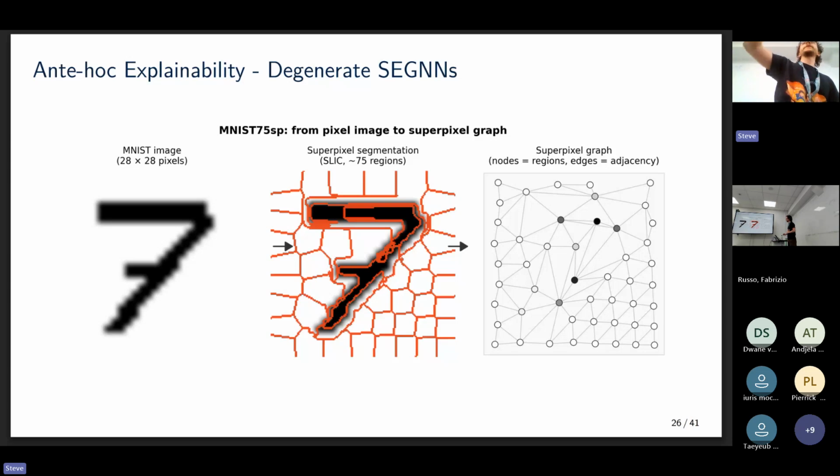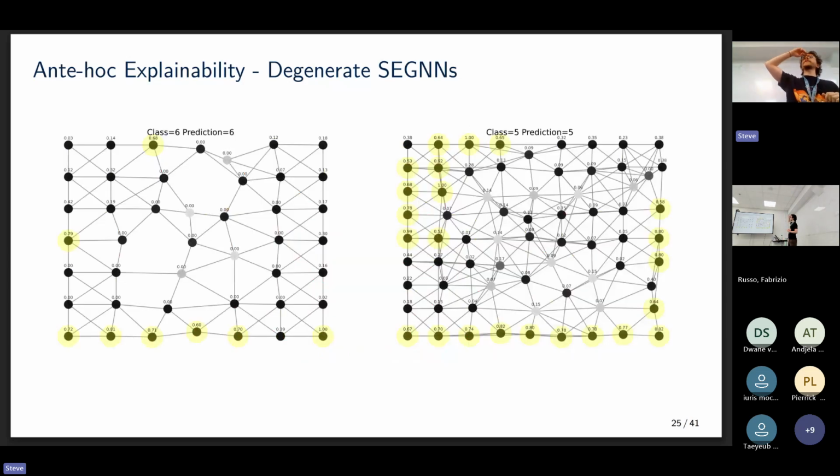You start from the MNIST image on the left, you apply a superpixelation algorithm, and then each superpixel corresponds to a node in the graph, where the node features are, for example, the mean of the pixel values inside the region. And then you connect regions based on the adjacency matrix: if 2 superpixels are close together, there is an edge between the 2 nodes. And so basically you do this procedure and you end up with this kind of graphs.